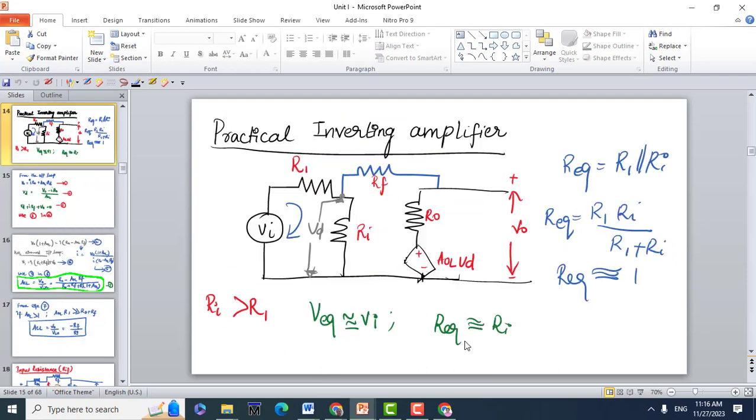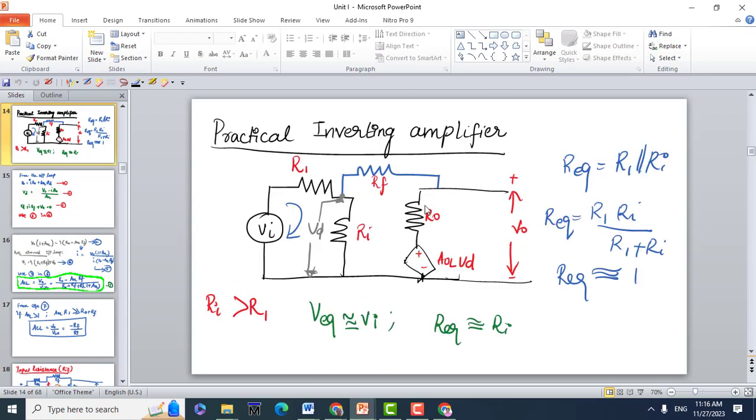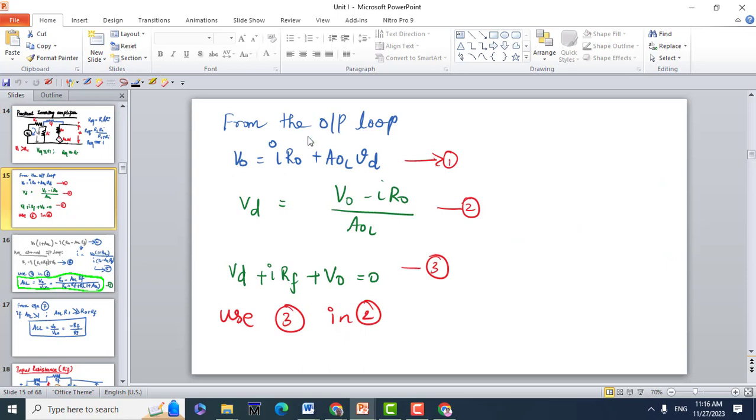From the loop we can write V0 from the output loop, not from the input loop. From the output loop, V0 is I into R0 plus AOL into Vd. So Vd is V0 minus I R0 by AOL.